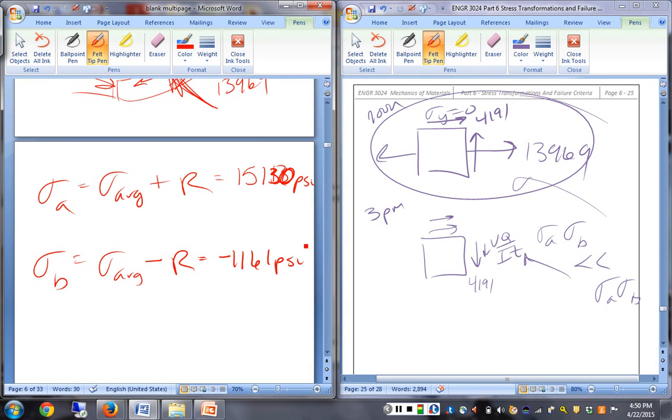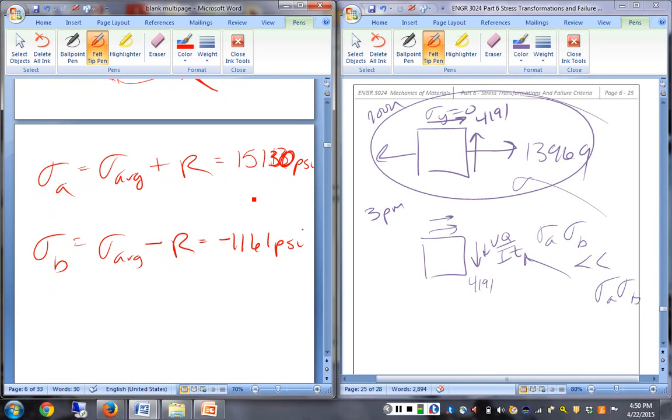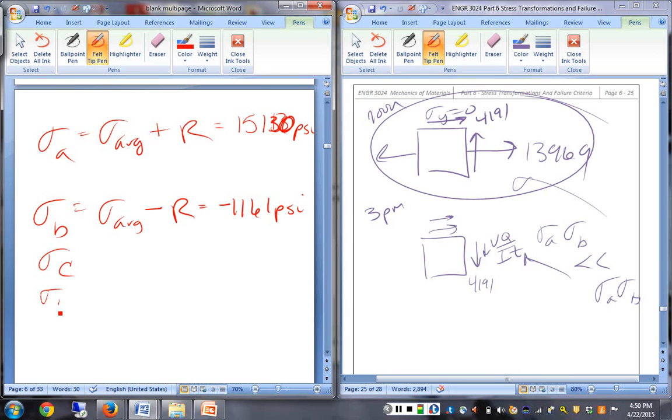Now I need to do my failure criteria. Which two did I want to do? I wanted to do, oh wait, I'm not quite done. What's sigma C? Now I need my sigma 1, sigma 2, sigma 3 because I'm doing the max shear criteria, so I need to figure out my max shear. How do I get my max shear?